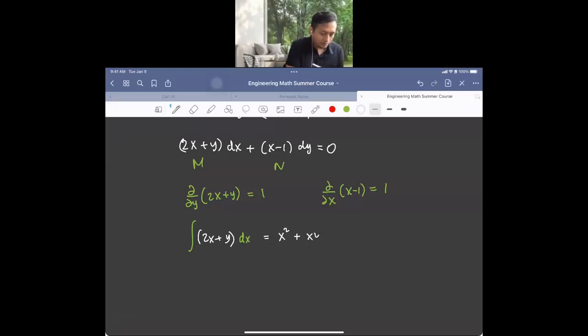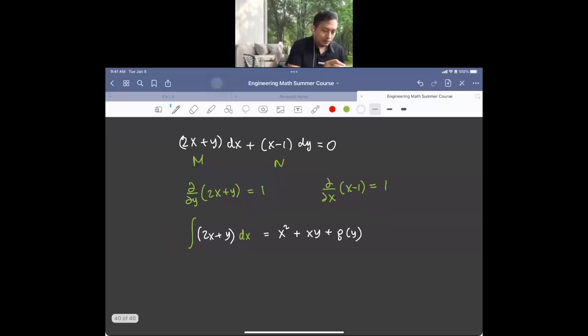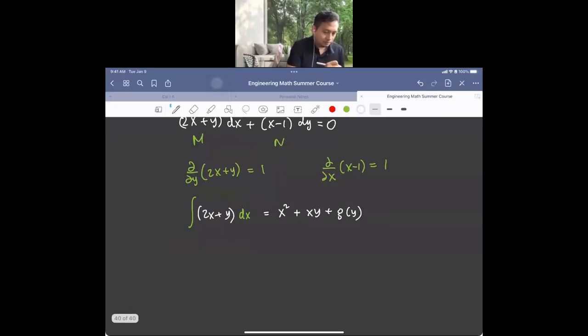Or I forgot the y, it should be xy. And then we differentiate this with respect to y, take the partial.